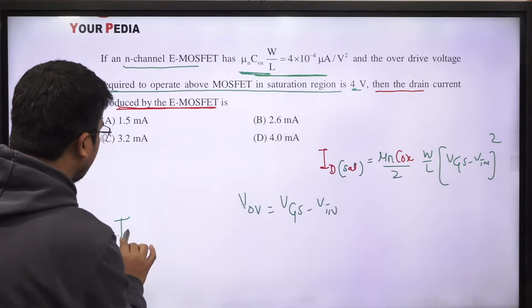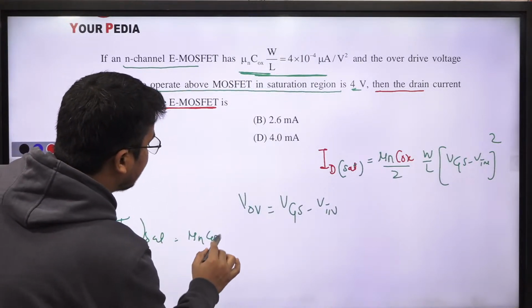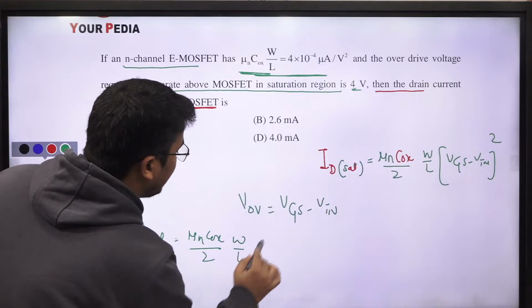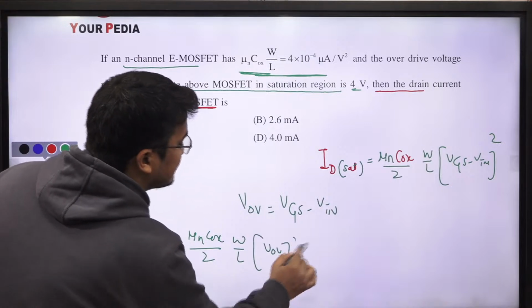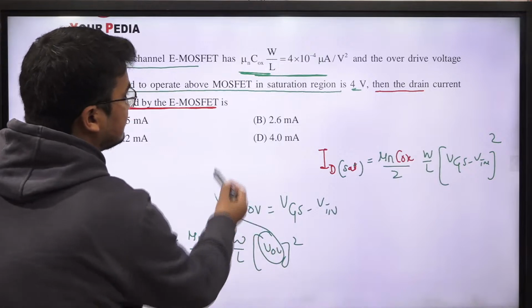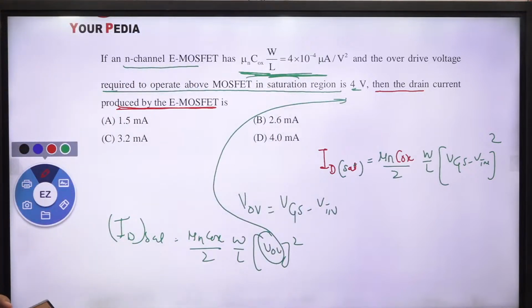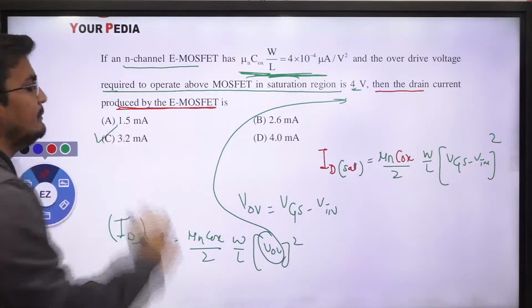So ID(sat) can be written as mu n Cox divided by 2 into W by L into V overdrive square. So you have all the parameters. This value is given as 4. Is it clear? Just put the value, and you will end up getting the current as 3.2 milliampere.